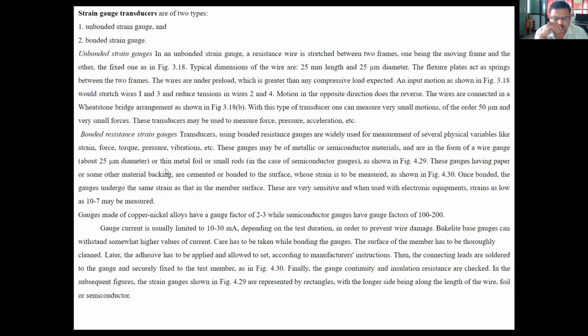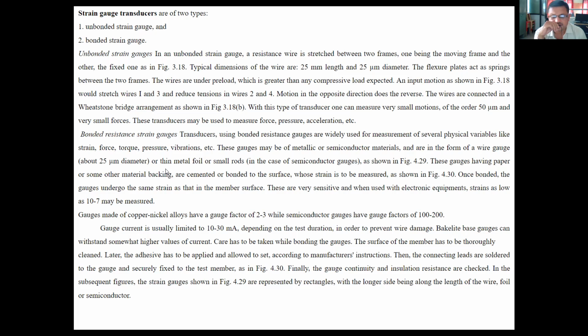These gauges have paper or some other material backing and are cemented or bonded to the surface whose strain is to be measured, as shown in figure 4.30. Once bonded, the gauges undergo the same strain as that of the member surface.